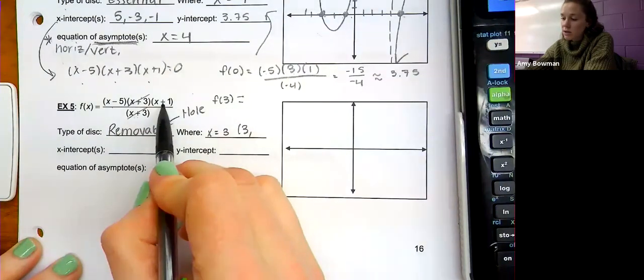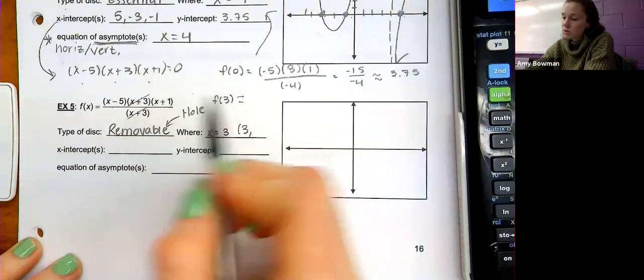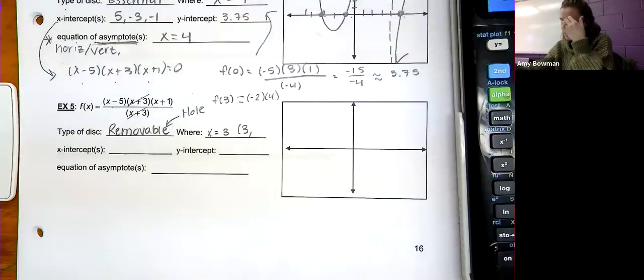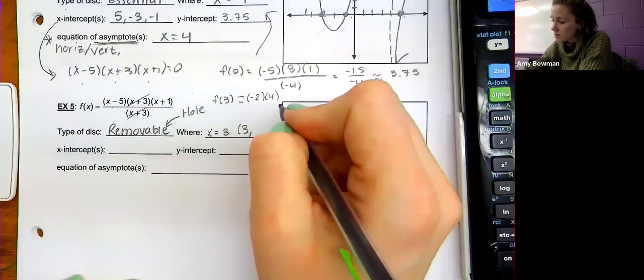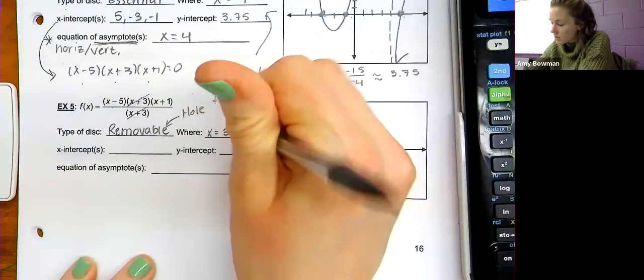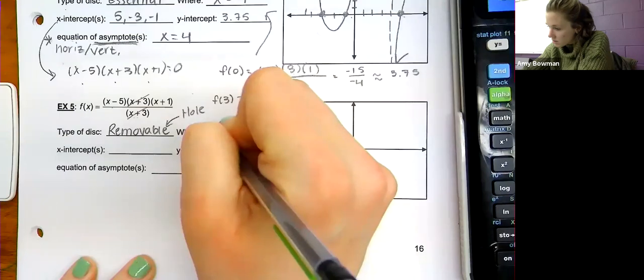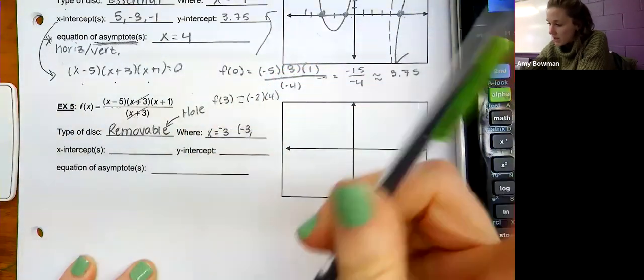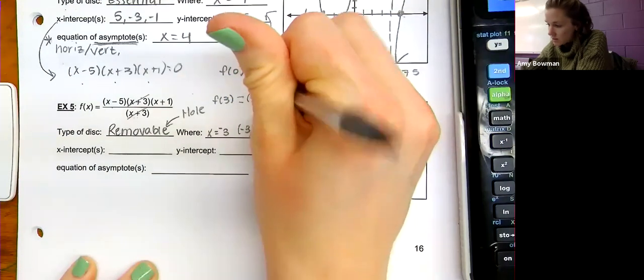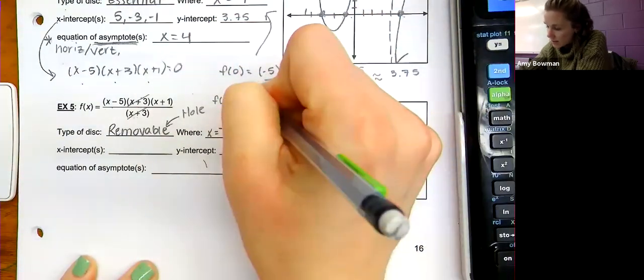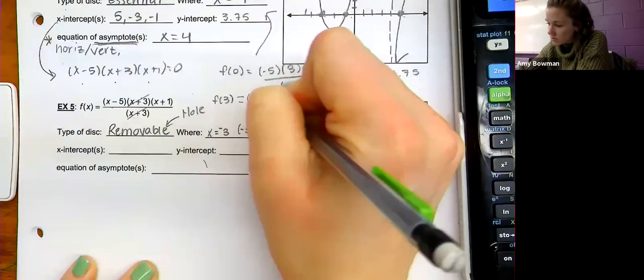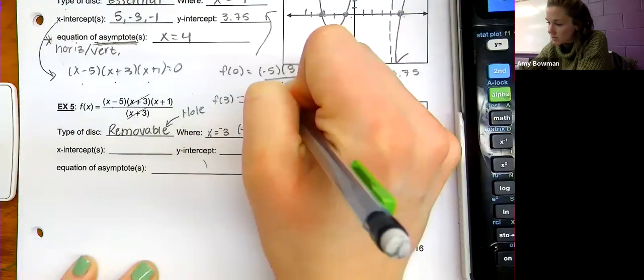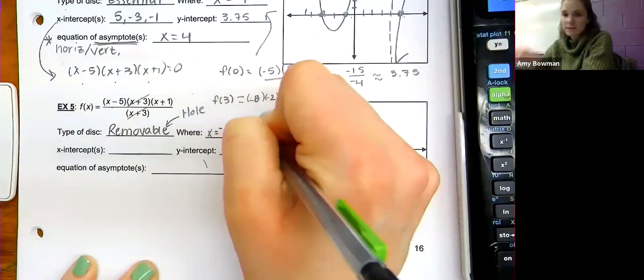So I'm plugging in -3, hold on. -3 minus 5, sorry about that, is -8. And -3 plus 1 is -2. So we've got a hole at -3, 16.